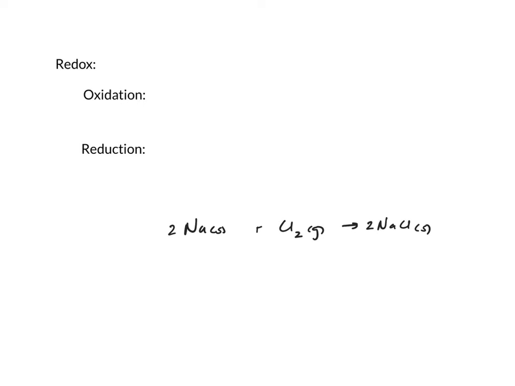In oxidation reduction, we have some species that is gaining electrons. If it's gaining electrons, it is being reduced. And if it's losing electrons, it's being oxidized. So things that lose electrons are oxidized, things that gain electrons are reduced. To help you remember that, we have a couple of mnemonics.